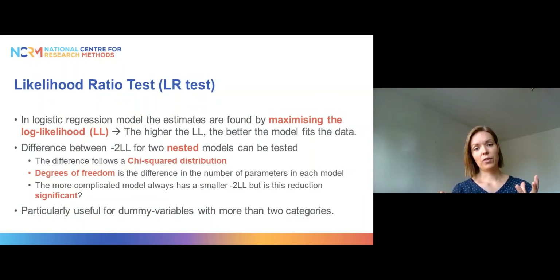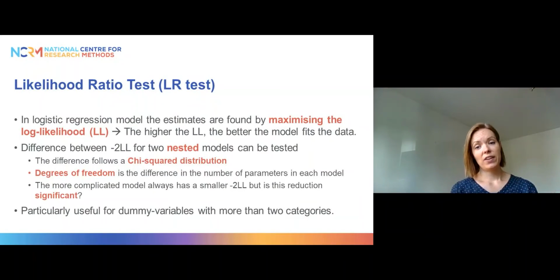This difference follows a chi-squared distribution, which you might already know from having conducted chi-square tests in cross tables. As you might remember, this distribution is different depending on how many degrees of freedom you have. And in a logistic regression context, we calculate the degrees of freedom by looking at how many parameters we have in each model and the difference in the number of parameters.